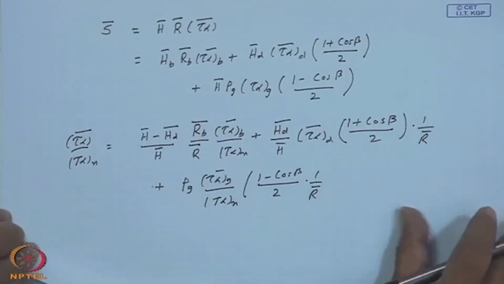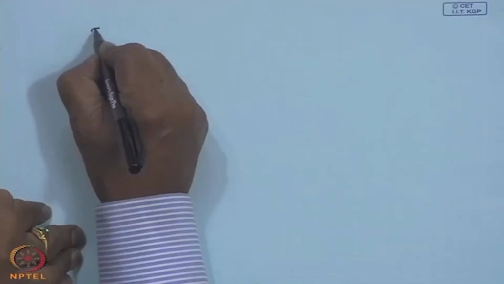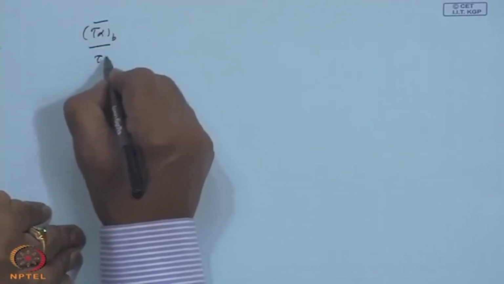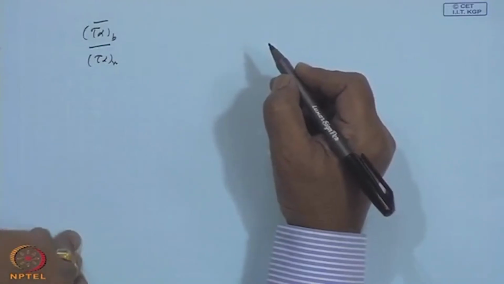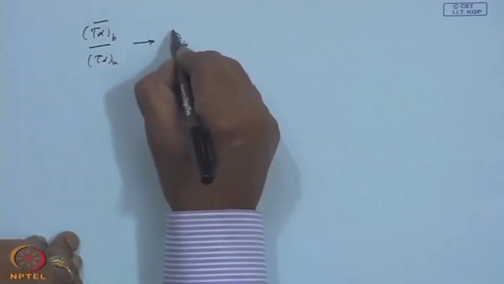This we have done, but then I wanted to say that the number 0.94 simply written, you should not wonder how we got it. So how do we calculate? Tau alpha bar B upon tau alpha n is the effective transmittance absorptance product for the direct radiation, for which we need theta b bar.